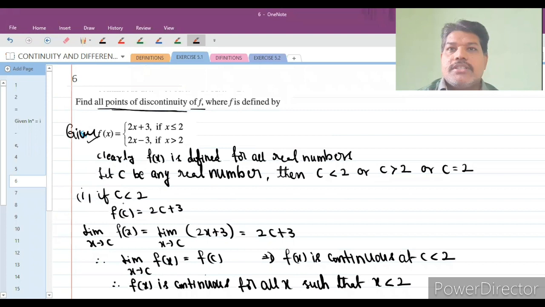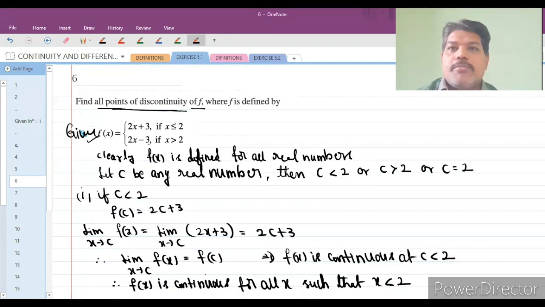See the question, students. For c greater than 2, that means x is greater than 2, so the f of x value will become 2x minus 3. If c is greater than 2, automatically f of c will become 2c minus 3.